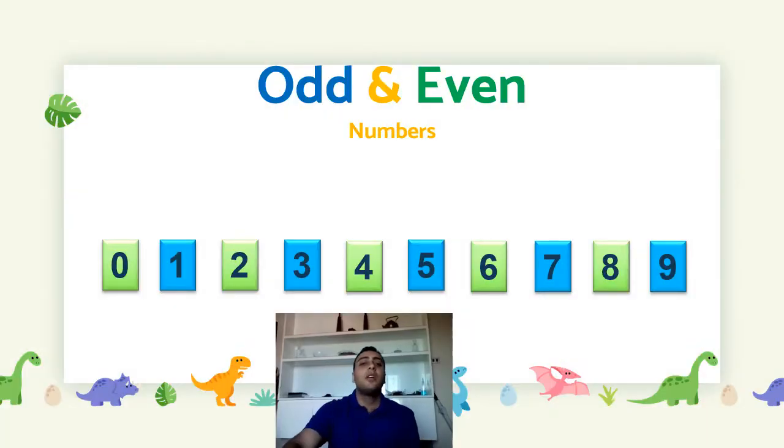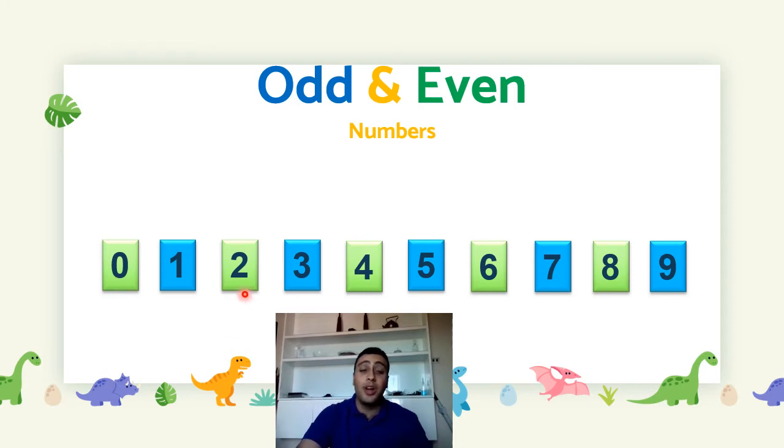Okay, now I'm showing you here odd and even numbers. I colored odd numbers blue and I colored even numbers green. Now let's see. First number that we see here is 0. The number 0 is an even number, okay?